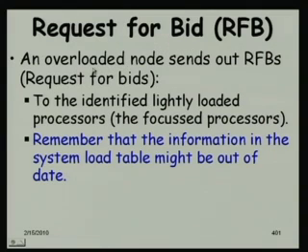The node which finds that it cannot handle a task sends out request for bids by consulting its load table, finds out what are the lightly loaded processors, which are called the focused processors, that is the terminology used in this algorithm, and finds out which are the processors which can handle this load. Handle this load means the time it takes to migrate the task plus the task execution time must complete within the deadline of the task.